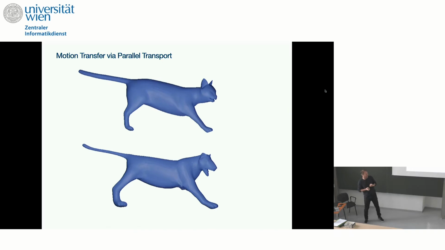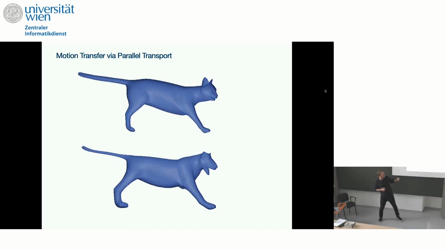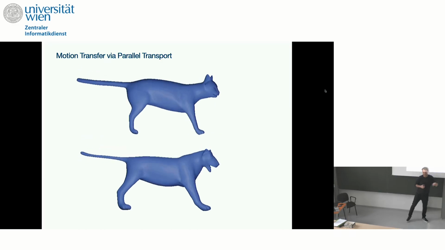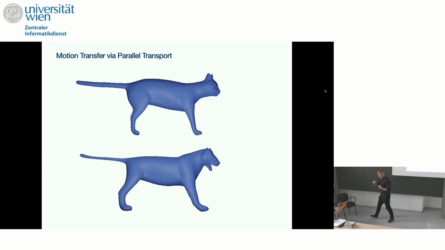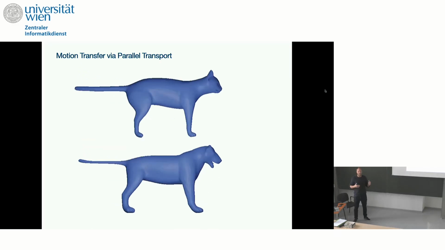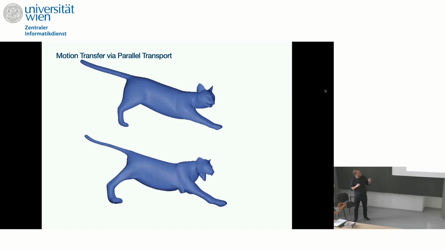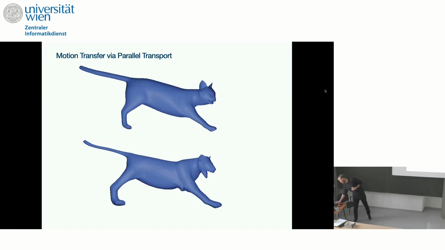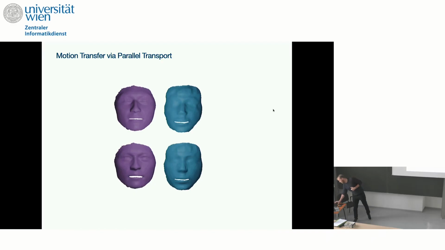It's interesting to see, but if you look carefully here, you might see a tiny singularity happening there, which might be either because we have not found perfect point correspondences or for some other reasons. And this is one final example for motion transfer, where we transfer motion from the violet to the turquoise shapes.